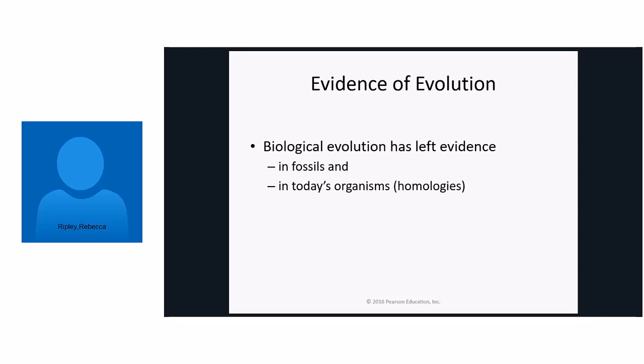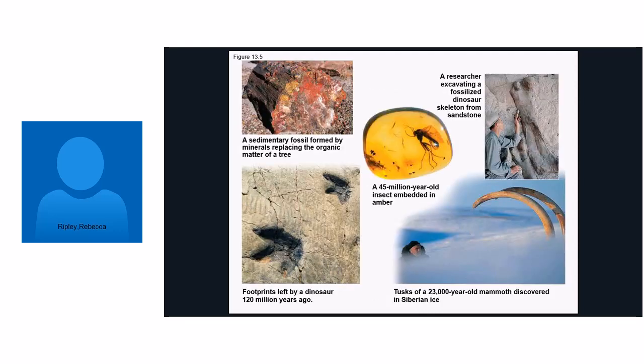So, evidence of evolution. Evidence that says this theory of evolution is probably correct in how it works comes from fossils. When paleontologists study or find fossils, they can see within those fossils that there are certain structures like bones.